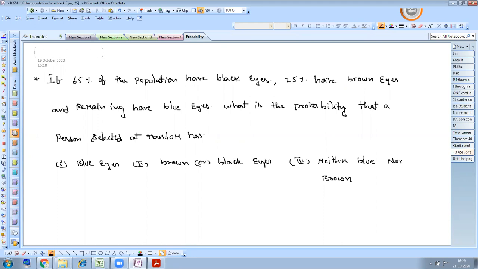So the first one answer is 0.1. Yes, 1/10. Second one is 0.9. What is the third? The first one is 0.1, sir. 0.1. Correct. Second one? 0.9.